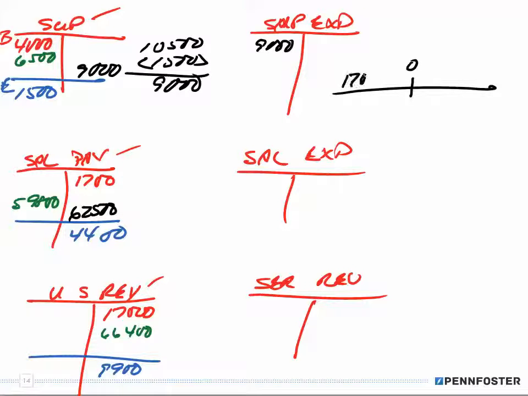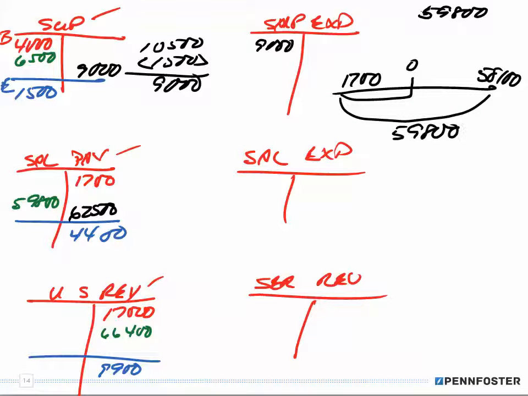If I'm at 1,700 here and I make a payment, I take away 1,700 out of the 59,800, which puts me at 58,100 here, right? Because this whole amount is the 59,800.